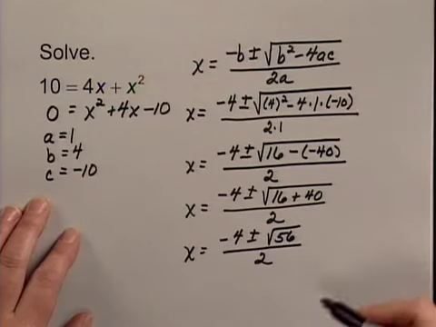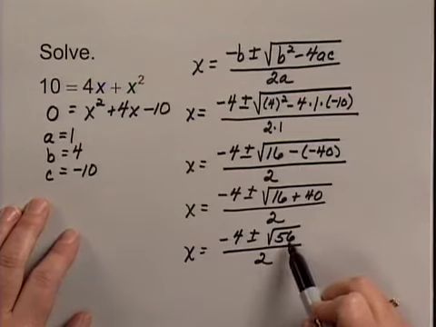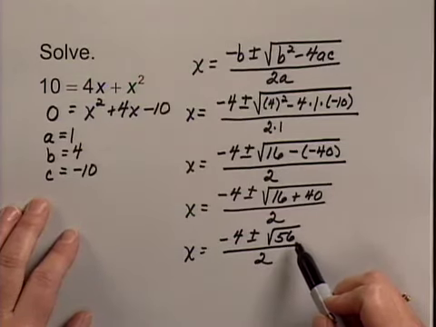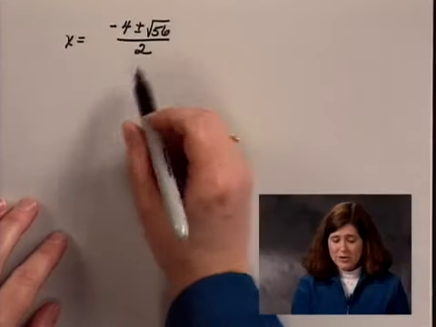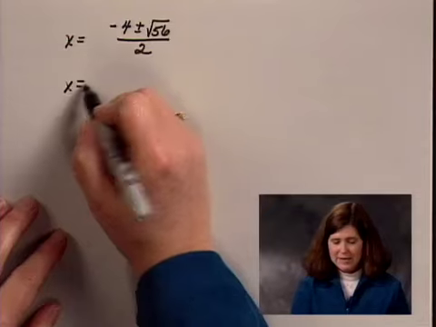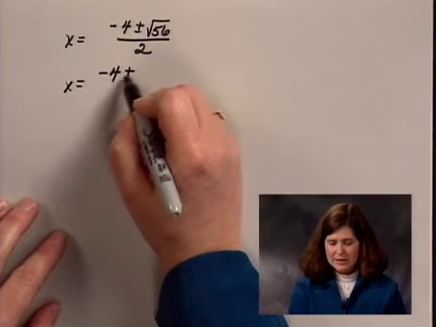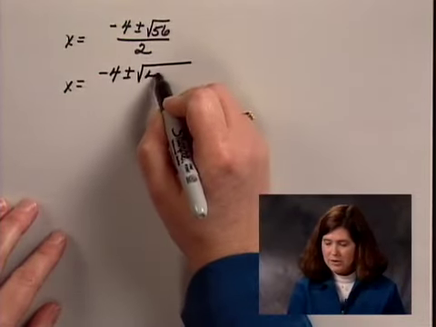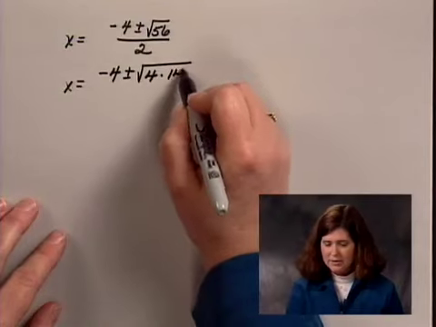When I get to this point, I need to ask myself, is there any way I can simplify the square root of 56? 56 does have a perfect square factor, so I can simplify. So what I do is I factor 56, and I'm going to factor 56 as 4 times 14.